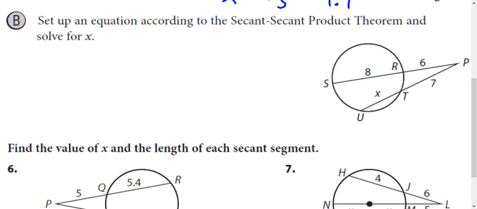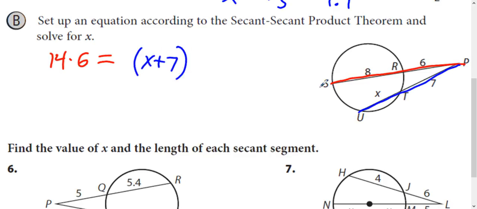We'll do the same thing for this because we have secants. So you take the whole length, 8 plus 6 is 14, times the outside piece, 6, equals the whole length, x plus 7, times just the outside piece, which is 7.